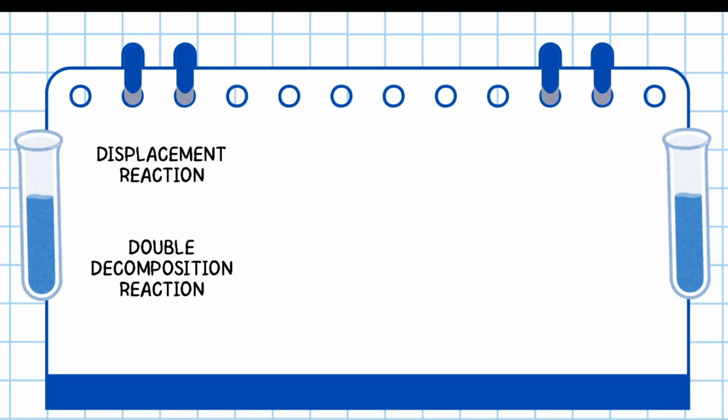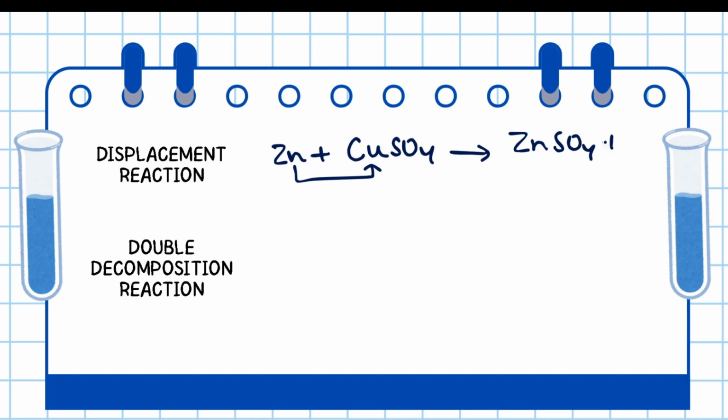Next we have the displacement reaction. Now in this reaction what will happen? One element displaces another element. We have the example of zinc reacting with copper sulfate. Now here zinc will displace copper, forming zinc sulfate, and copper will be displaced from the given reaction. So what has happened? Zinc has displaced copper, and this we will discuss in detail based on the metal activity series.